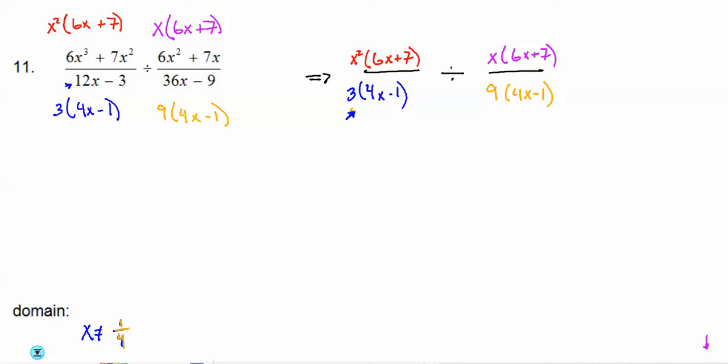Remember, the rules of division say that we have to use KFC: we have to keep, we have to flip, and then we have to change. What that means is I'm going to keep this first fraction just like it is, just copying the first one.